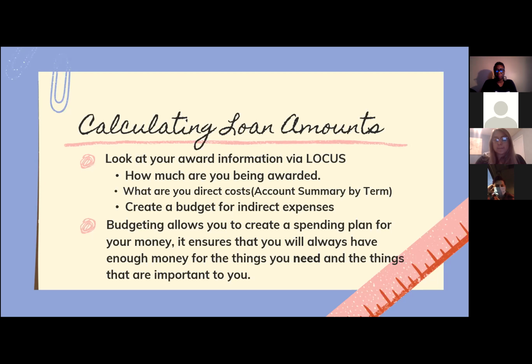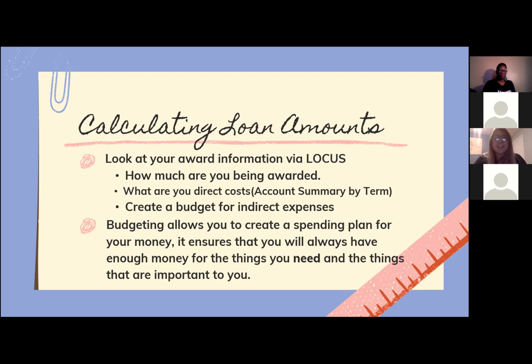These are suggested amounts, and that's what you want to start budgeting for. So we always talk about budgeting. If you remember from your M1 year, we had that one-on-one budgeting session with you. So we emphasize creating a budget because budgets allow you to create a spending plan for your money, and it ensures that you will always have enough money for the things that you need.